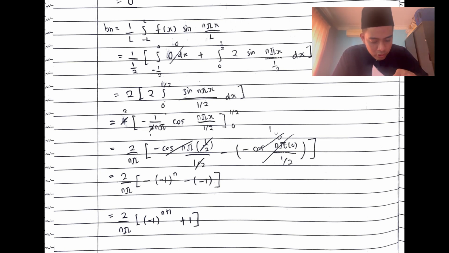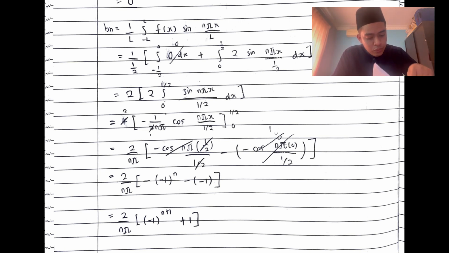For the integration part, negative cos(n pi times 1/2 over 1/2), if we divide 1/2 by 1/2, we get 1. So it equals negative cos(n pi), which is negative 1 to the power of n. Minus, in the back, we get negative cos(n pi times 0 over 1/2).